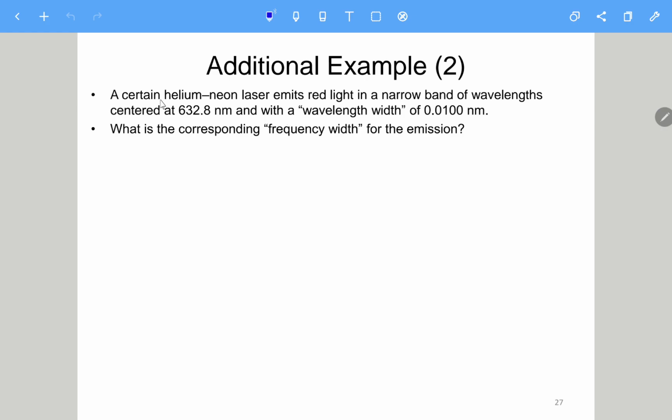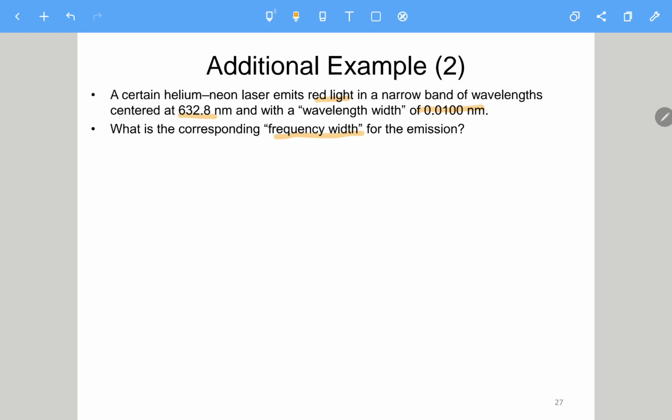It says a certain helium-neon laser emits red light in a narrow band of wavelength centered at 632.8 nanometers, with a wavelength width of 0.01 nanometer. Then it asks what the corresponding frequency width for the emission is.